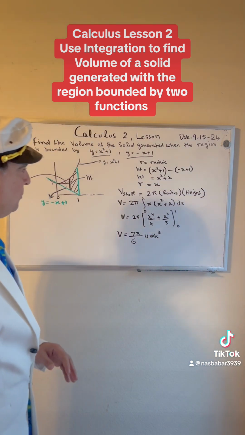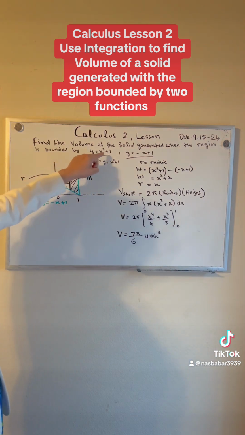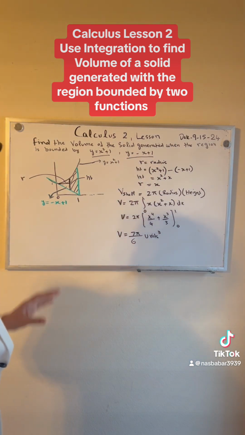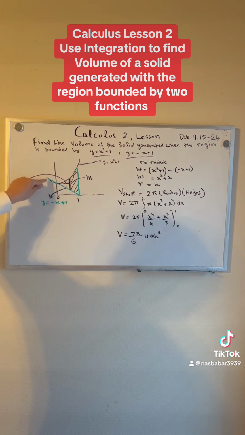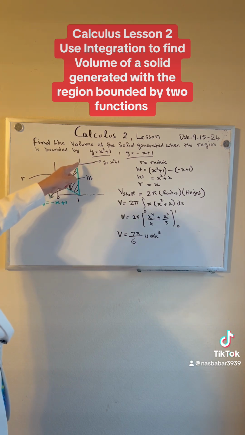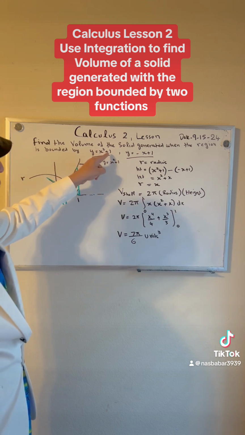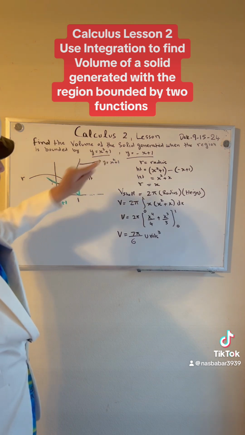All right. So recap, you have two functions, y is equal to x squared plus 1, and y is equal to minus x plus 1. First thing is we draw these two functions. This straight line in green is y is equal to minus x plus 1. This black line right here, the parabola shape, is y is equal to x squared plus 1. It's starting from right here because of this 1.